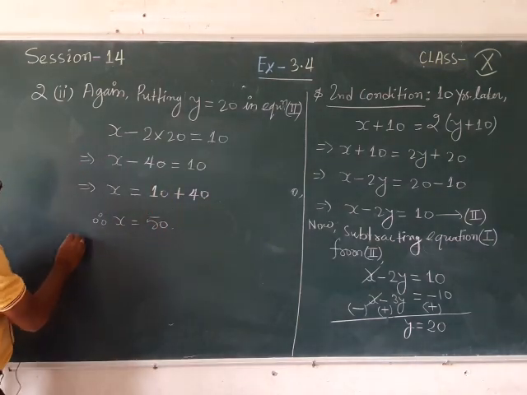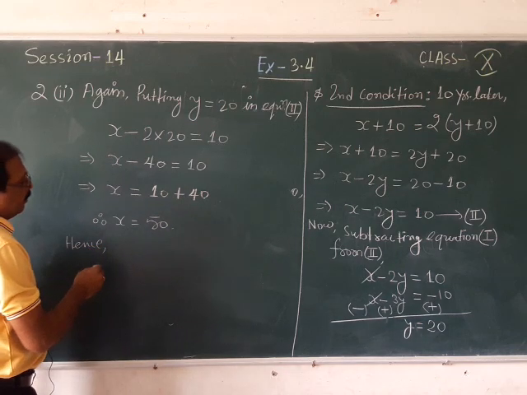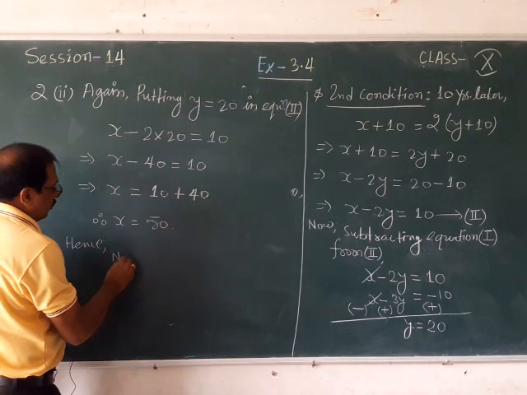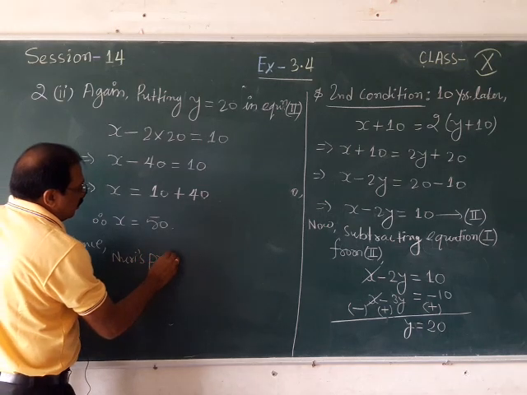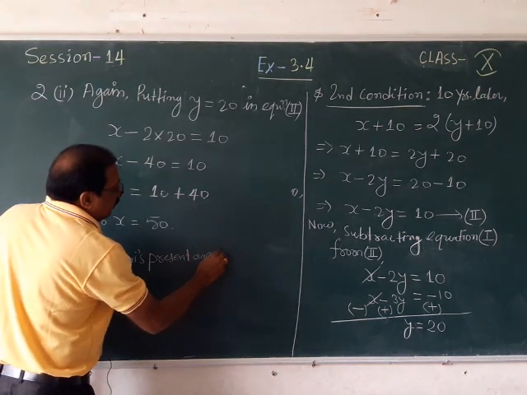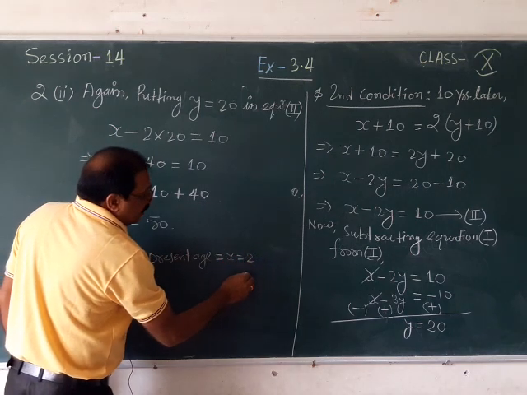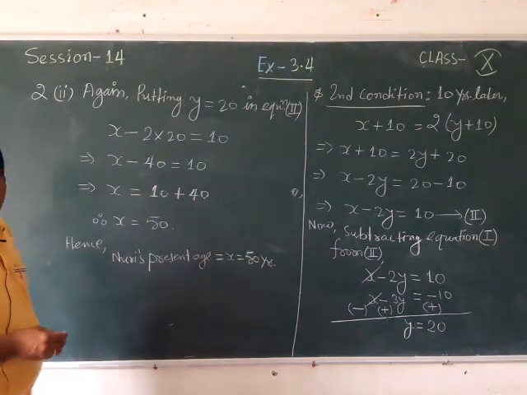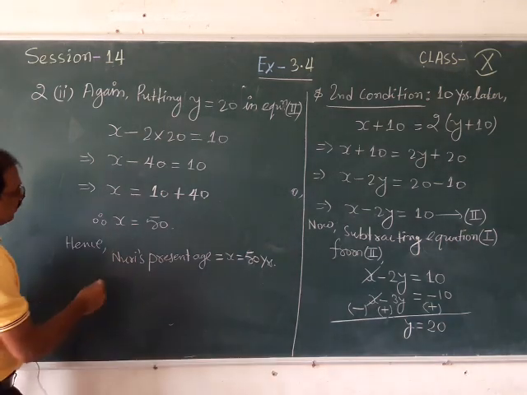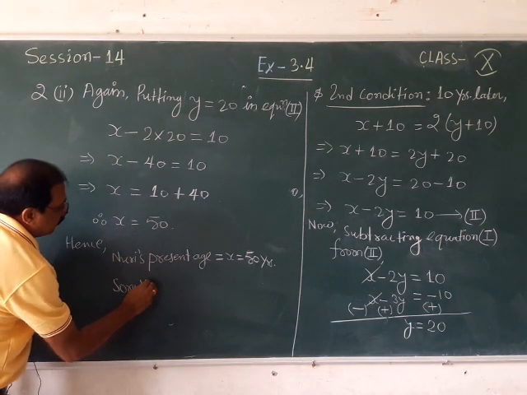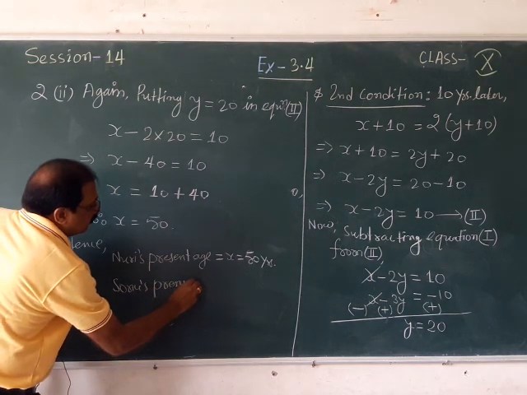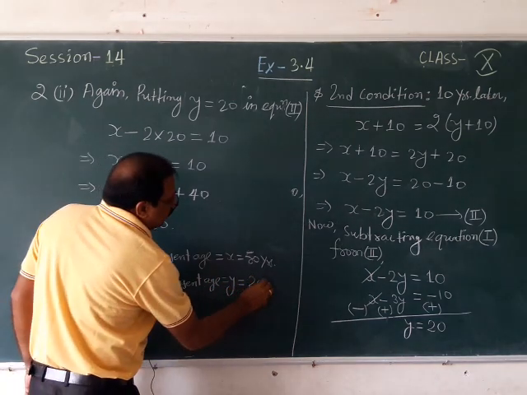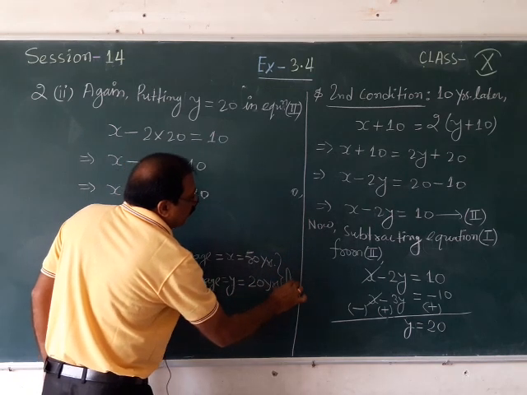So we can write there, hence, they are asking Nuri's present age. Nuri's present age that was taken as x is 50 years, and the other age is Sonu's present age, that is y, and y is coming as 20 years, and this is your answer.